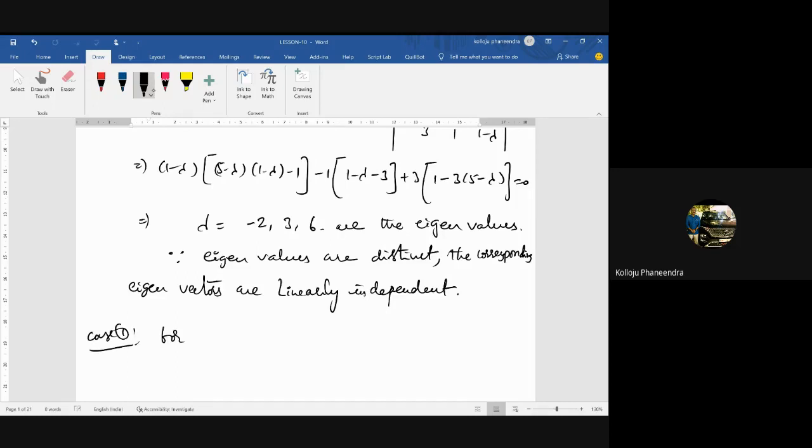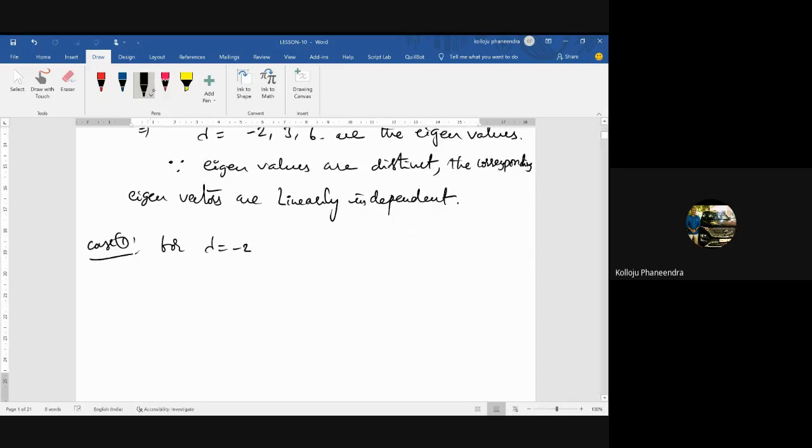Case 1: for lambda equal to minus 2, consider the system to get the eigenvector: (A minus lambda I) x equal to 0, that is (A plus 2I) x equal to 0.